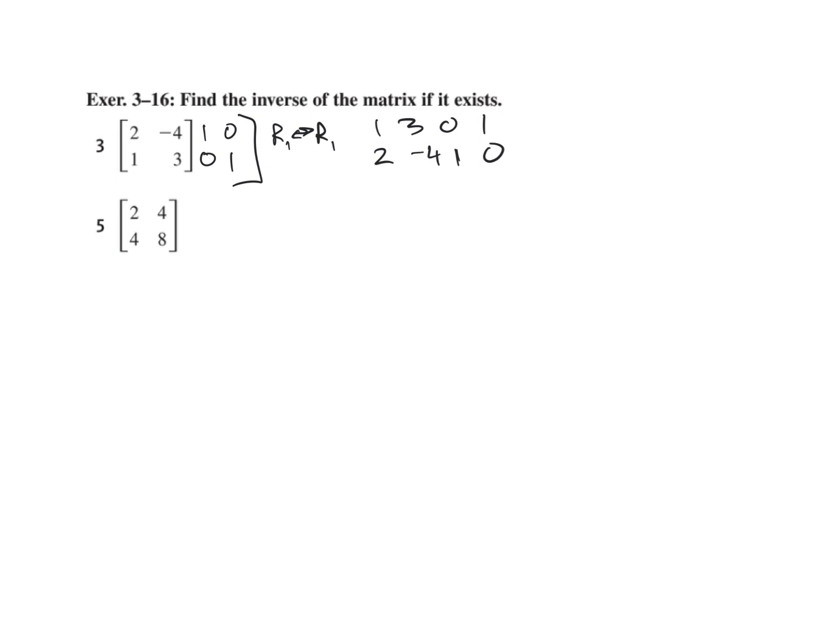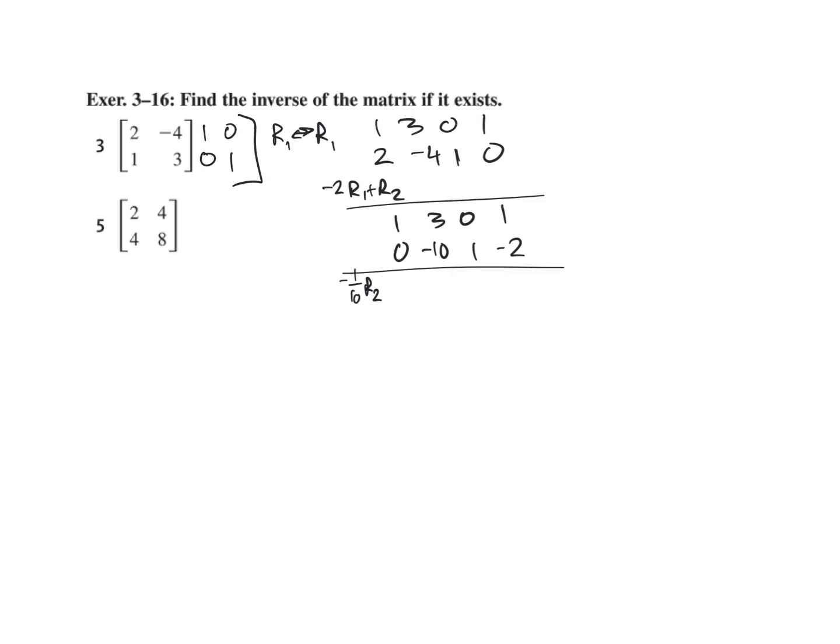And then what I'm going to do is take negative 2 times row 1 plus row 2, and row 1 is still correct, and then I get negative 2 plus 2 is 0, negative 6 plus negative 4 is negative 10, 0 plus 1 is 1, negative 2 plus 0 is negative 2. All right, and then I'm going to make the negative 10 a positive 1, multiplying by negative 1/10 to row 2.